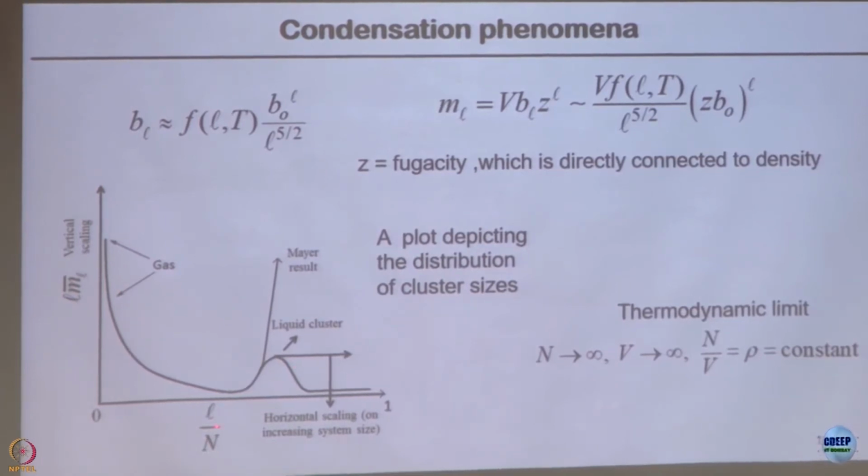When they are large, when L is close to N, that means a gigantic macroscopic cluster, this is close to 1, maybe 0.8 or so. So, at low temperature this peak appears, at high temperature there is no peak.